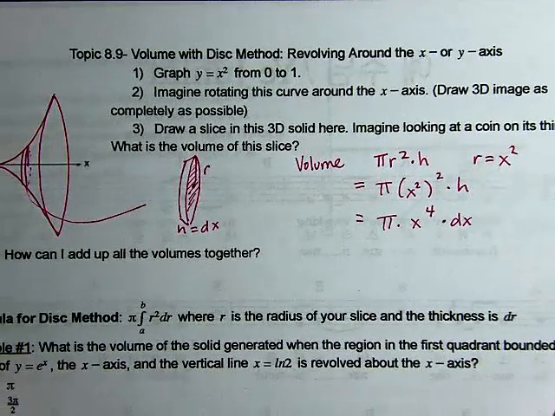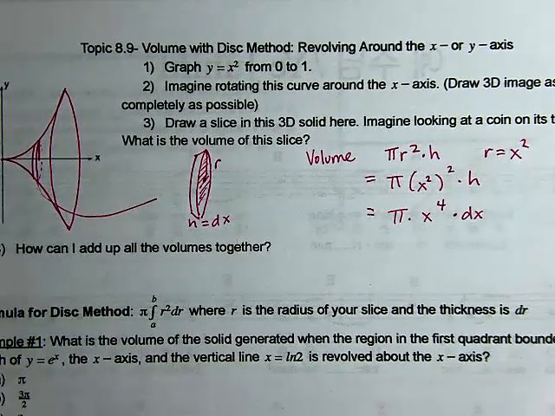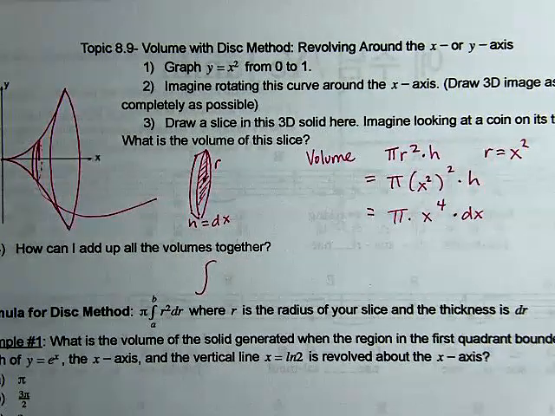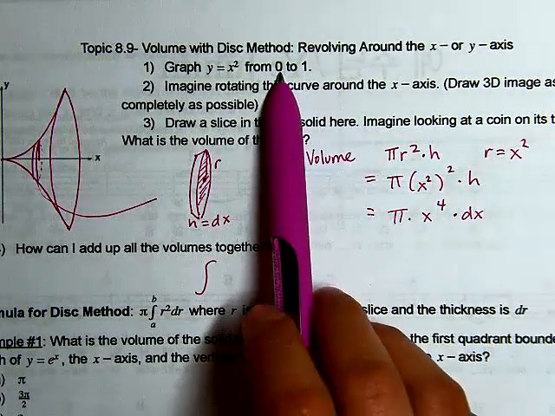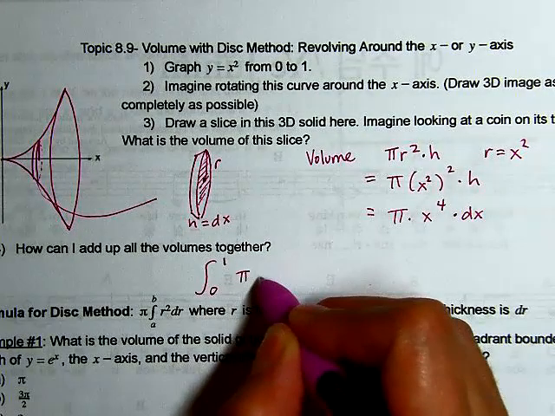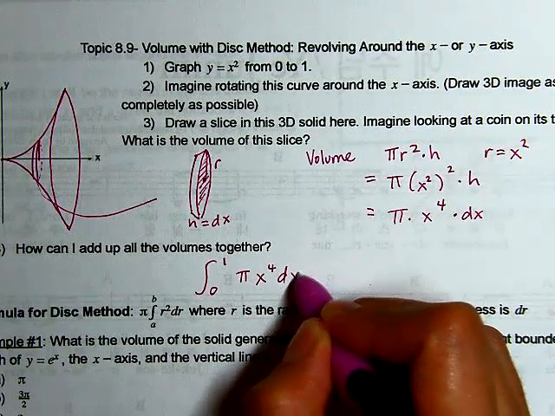And lastly, step number 4, how can I add up all the volumes together? Well, we're going to integrate. The problem told you to integrate from 0 to 1, pi x to the 4th dx.